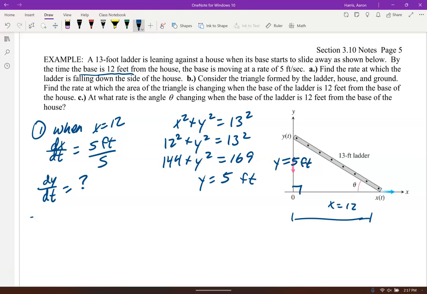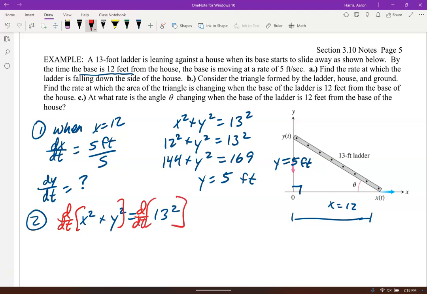Okay. So what do we have? Well, we have this x squared plus y squared equals 13 squared. And we're going to take this derivative with respect to time. So we've got 2x dx dt plus 2y dy dt equals the derivative of 169, 0.